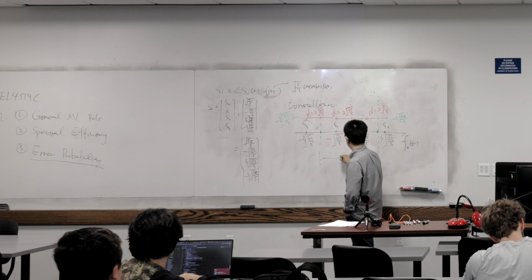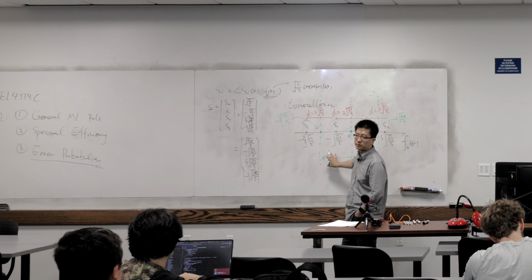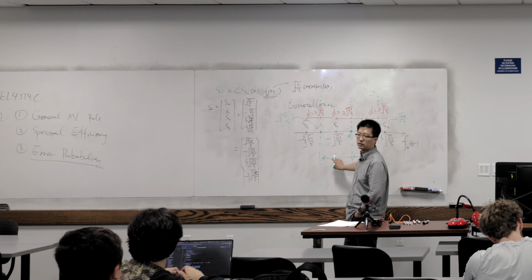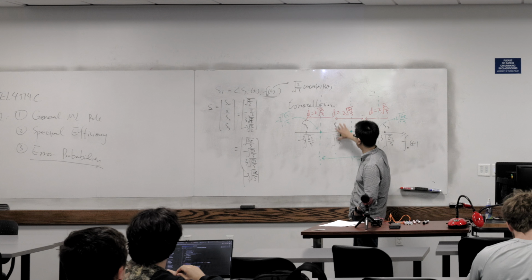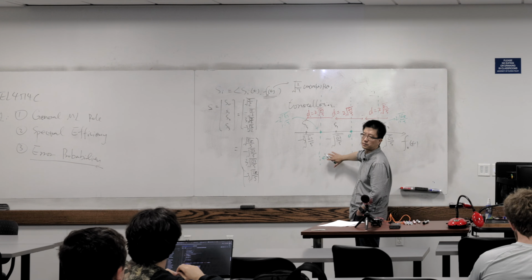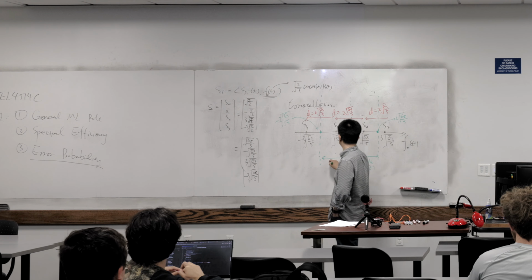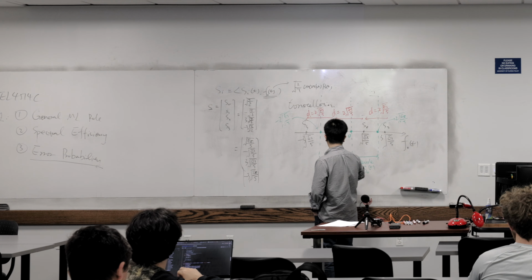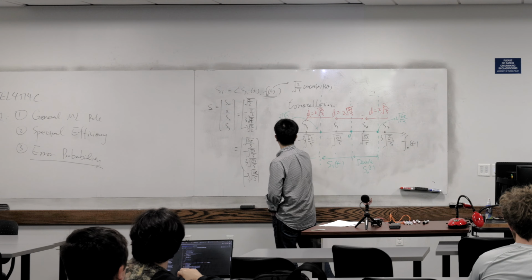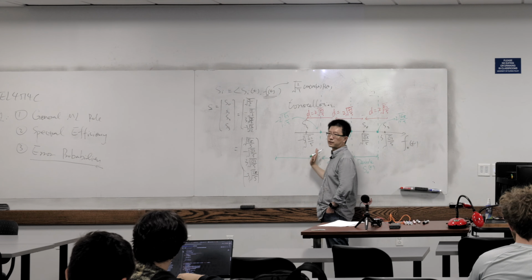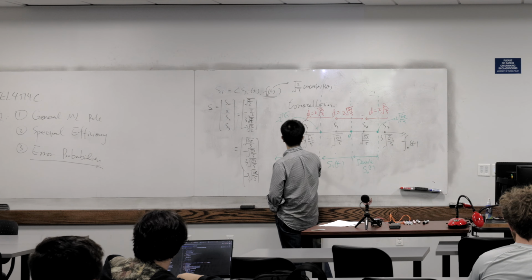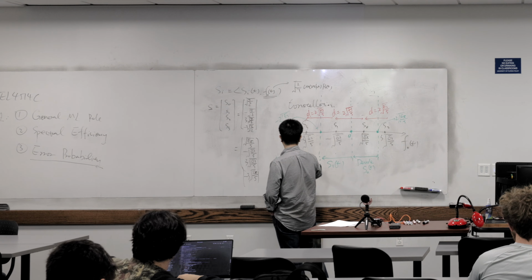And if in this region, which one will be transmitted? If r falls in this region, s1(t) should be transmitted. And if we fall into this region, everything on the left of this point, then s3(t) should be transmitted.